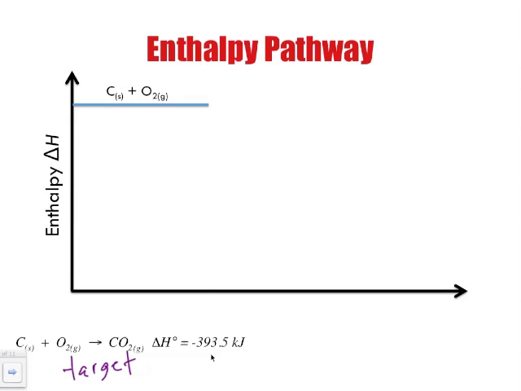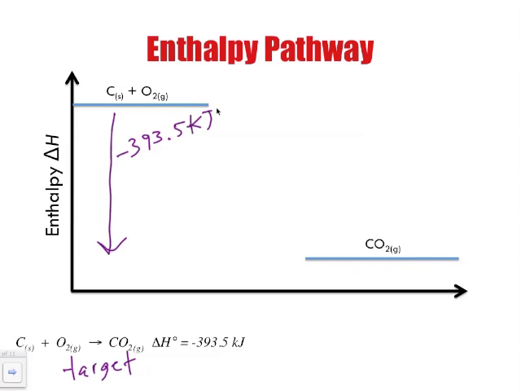And notice how this delta H is exothermic. Because this is exothermic, our reactants have a high potential. So in terms of enthalpy, this enthalpy has to drop. And it's going to drop down here, let's say, by about minus 393.5 kilojoules.